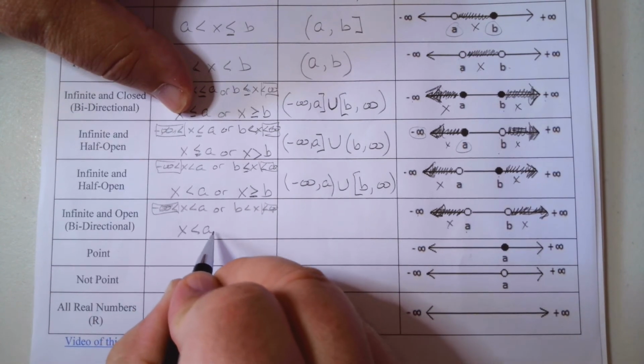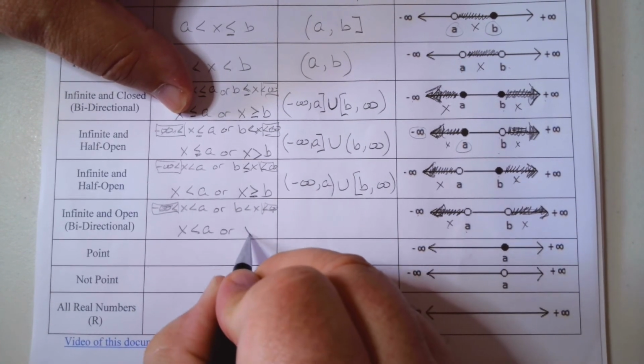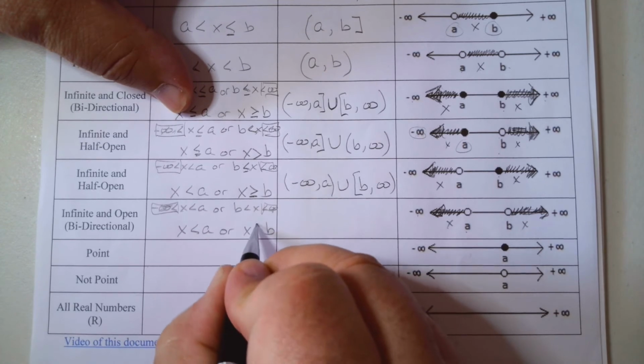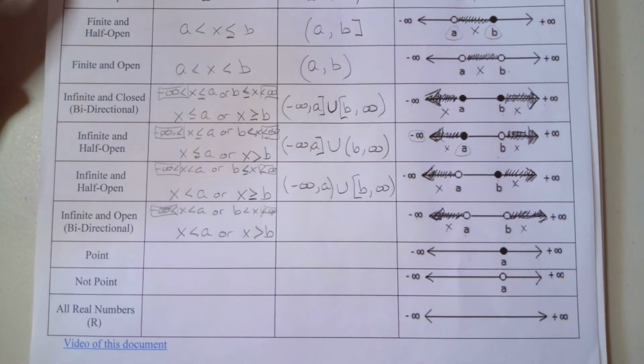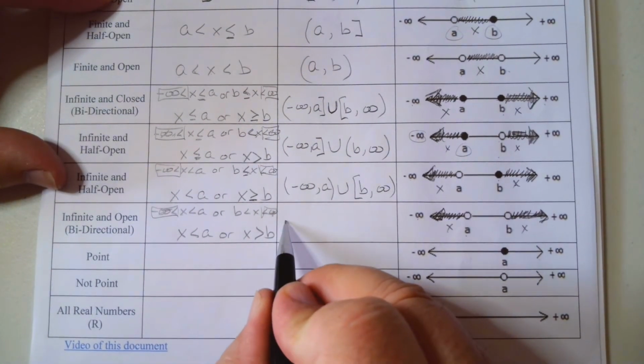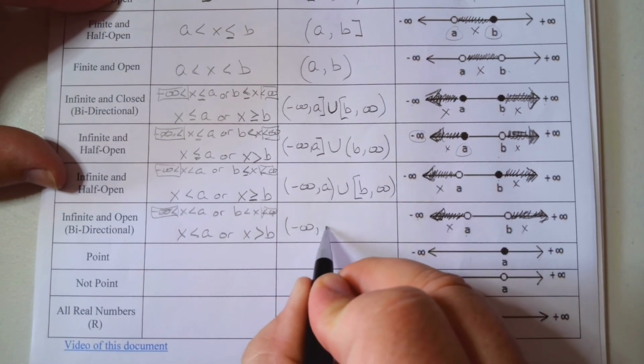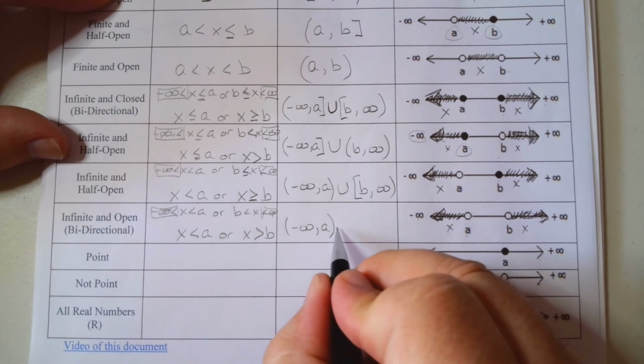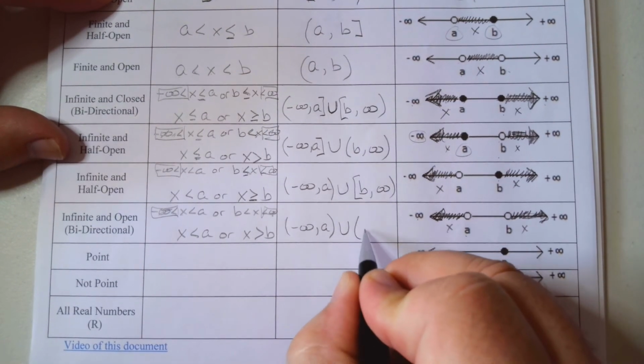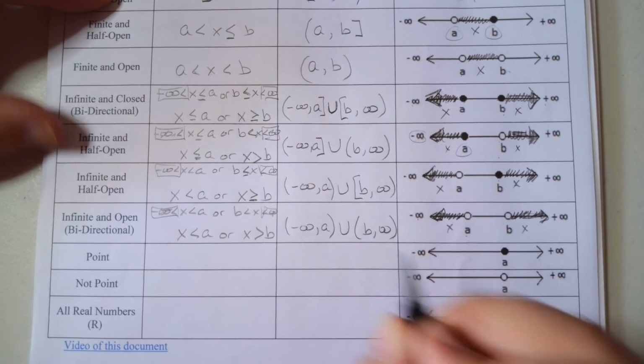X is less than a, or x is greater than b. And they're both open. So negative infinity to a, open, unioned with open b, they're both open.